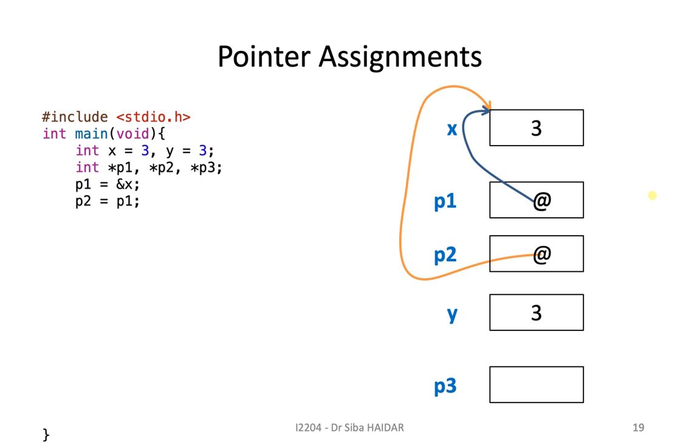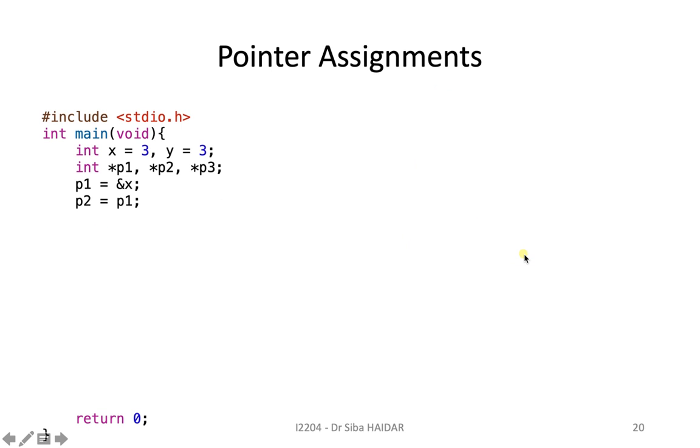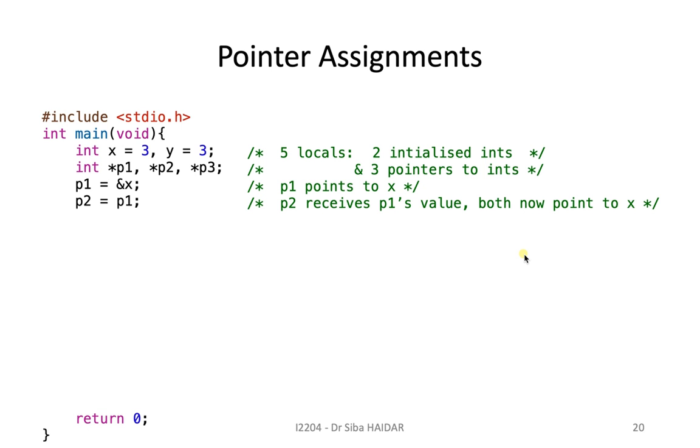I can now understand the schema, and before I continue, I want you to know how to print the values of a pointer. Let me recapitulate: we have 5 locals, 2 initialized ints and 3 pointers to ints.